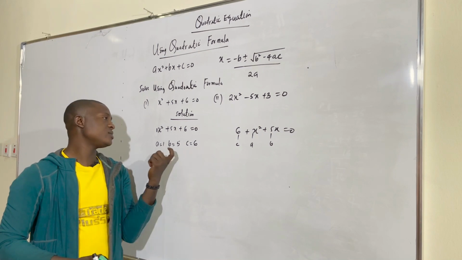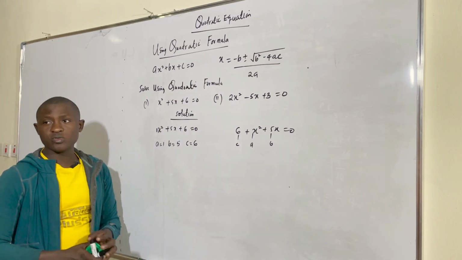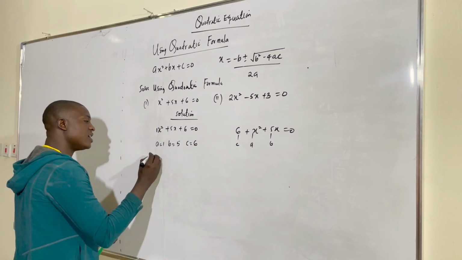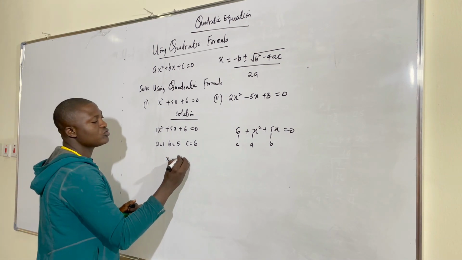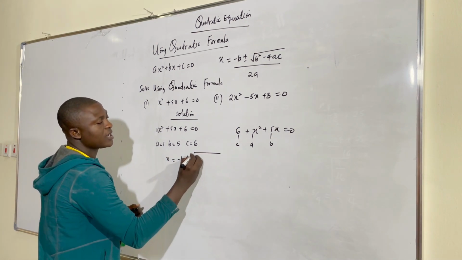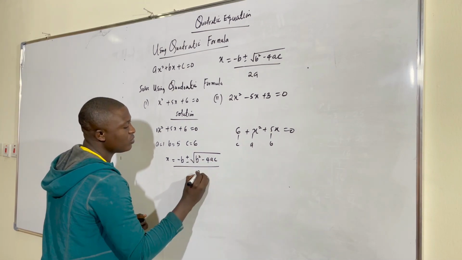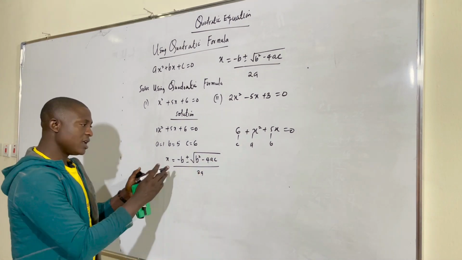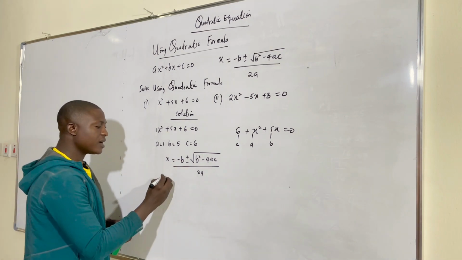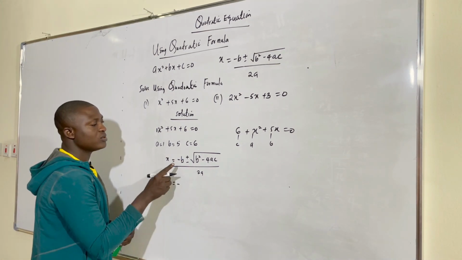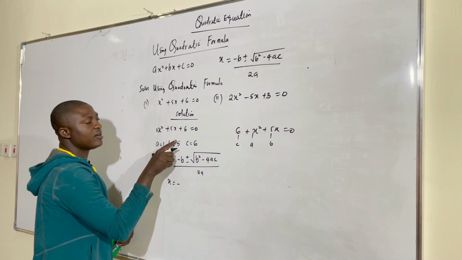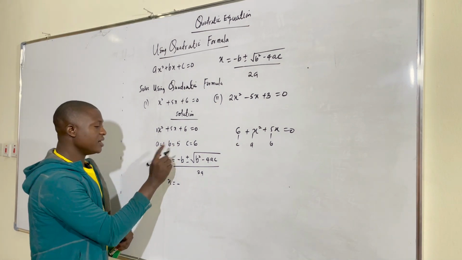So the next thing now is to apply the quadratic formula, which says that x is equal to minus b plus or minus square root of b squared minus 4ac, all over 2a. Now, let's substitute the values one after the other. I can have x is equal to minus, what do we have for b here? You can see our b is 5, isn't it? Yeah, so our b is 5.